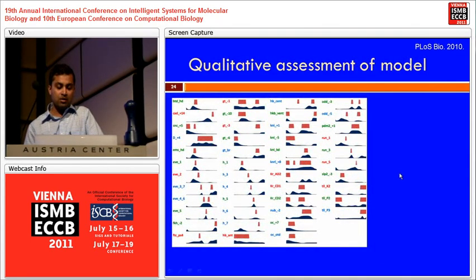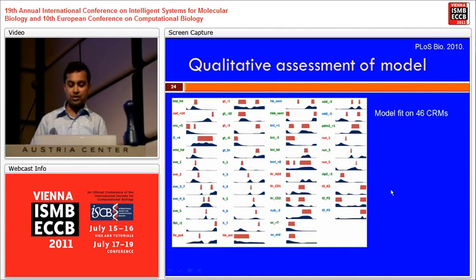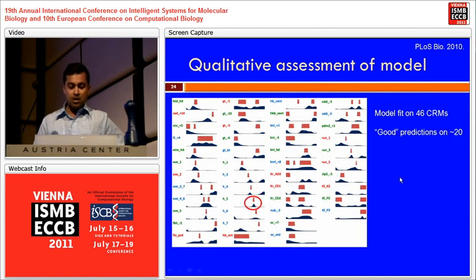We trained the model on 46 CRMs for which we had sequence and expression data, and the best fit model gave fairly good predictions on 20 of those CRMs. For example, here, by the way, the red is the real expression along the axis, the dark blue is the predicted expression. So in 20 of the CRMs, the expression matched very well.